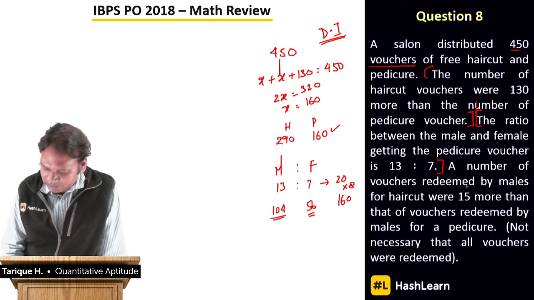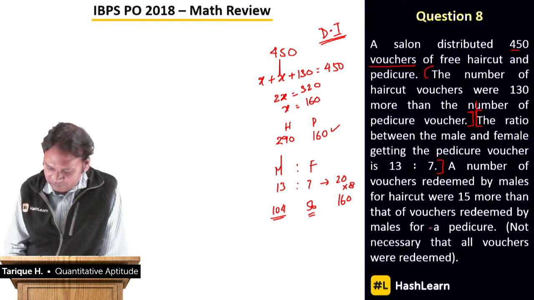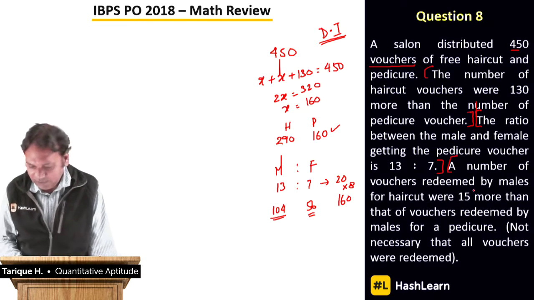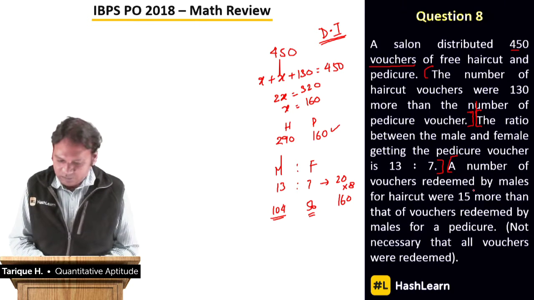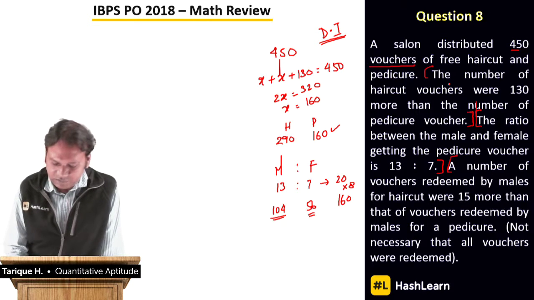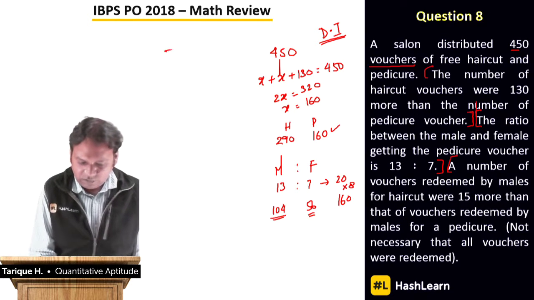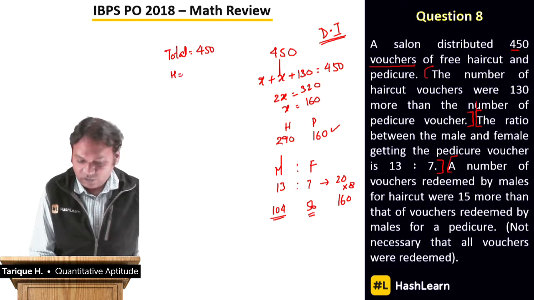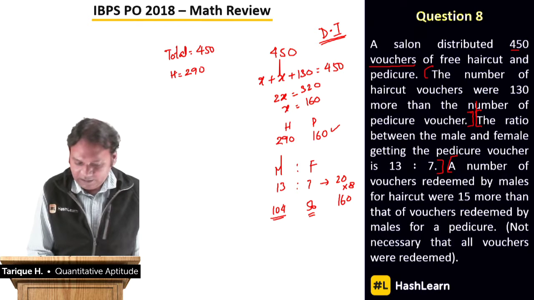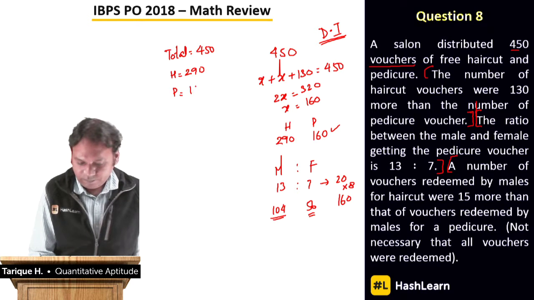Okay, the number of vouchers redeemed by males for haircut was 15 more than that of vouchers redeemed by males for pedicure. Okay, the number of vouchers we now know: total vouchers we have 450, out of which haircut vouchers are 290 overall, male and female combined, and pedicure vouchers are 160.